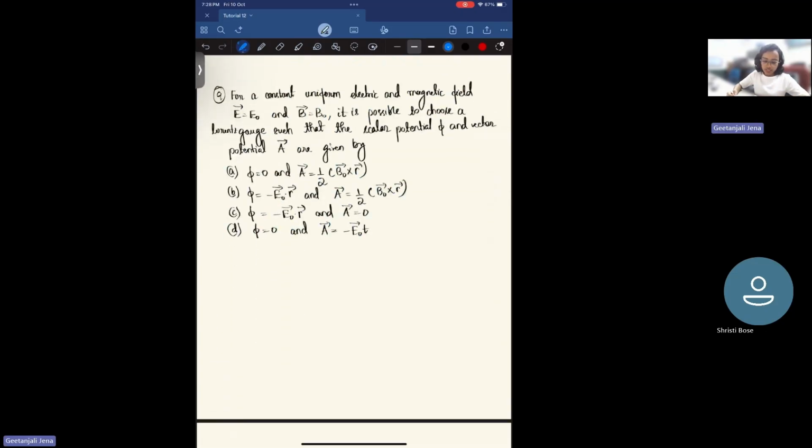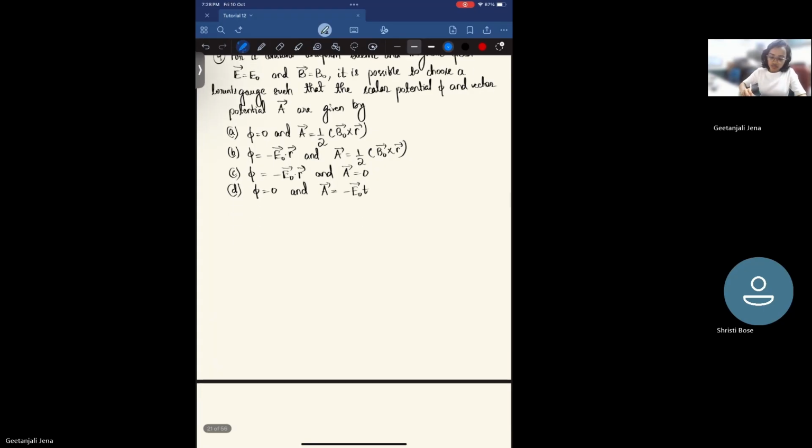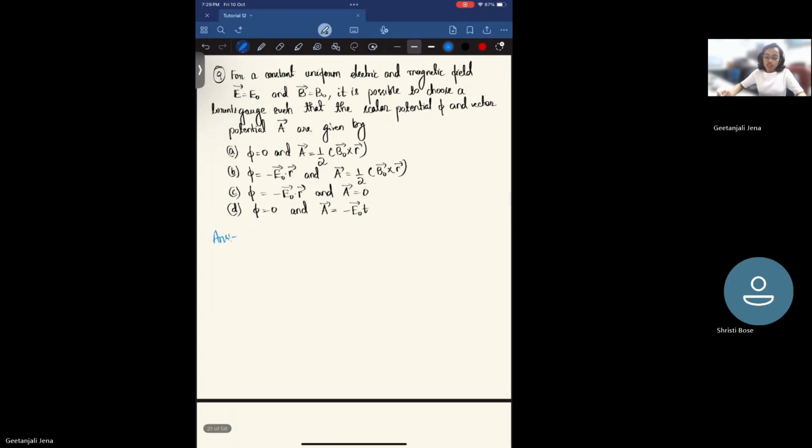Let us move to our next problem. For question number 9, for a constant uniform electric and magnetic field, E is E naught, B is B naught.